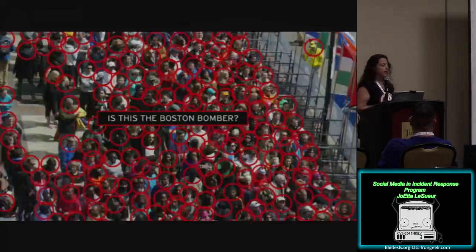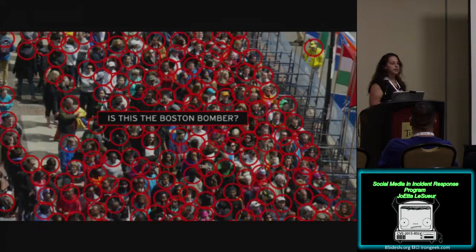An example of that, if you remember, back in 2013, there was the Boston Marathon bombing incident. Many spectators were able to use social media in real time to describe what was going on in a particular situation, and they used specific hashtags.